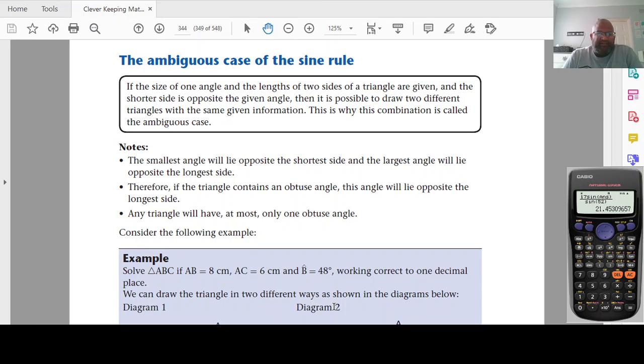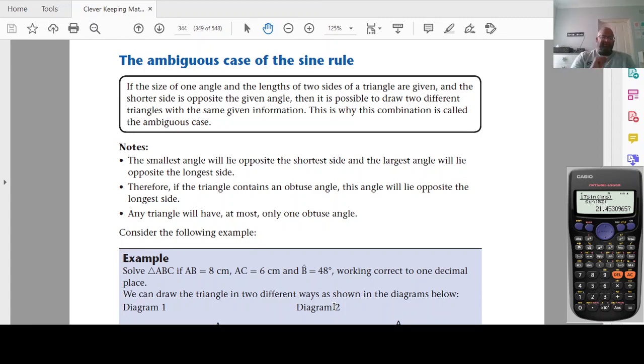This is why this combination is called the ambiguous case. So note here, the smallest angle is opposite the shorter side, and the largest angle is opposite the longer side. Okay, that we know already. Therefore, if the triangle contains an obtuse angle, this angle will be opposite the longer side.